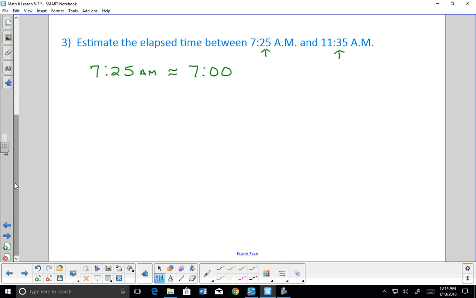So think of decimals, it's less than halfway to 8, so we're going to round it down, which is 7 hours after midnight. 11:35 a.m. is approximately equal to noon, because that one's a little past half, and that's 12 hours after midnight.